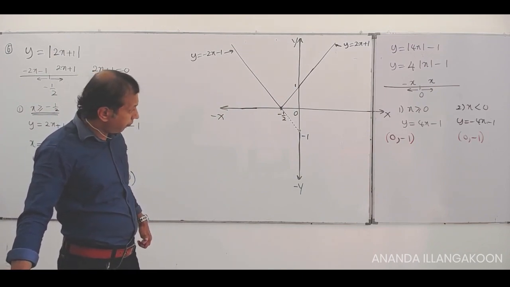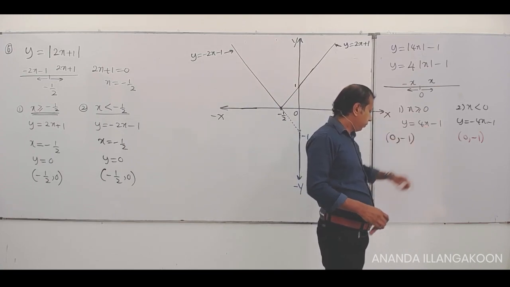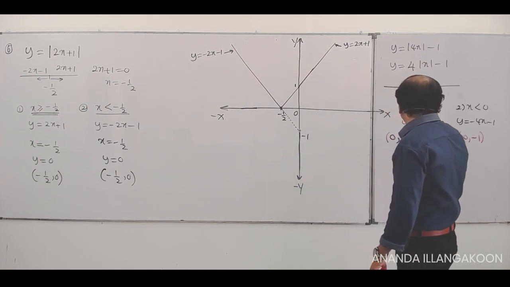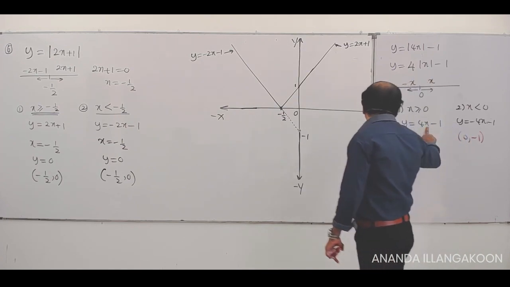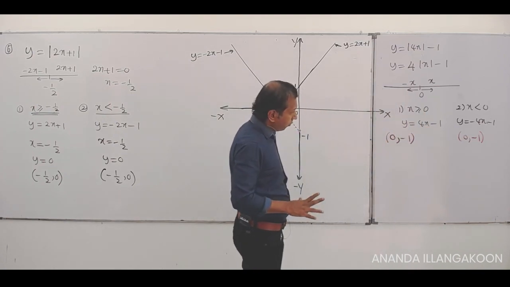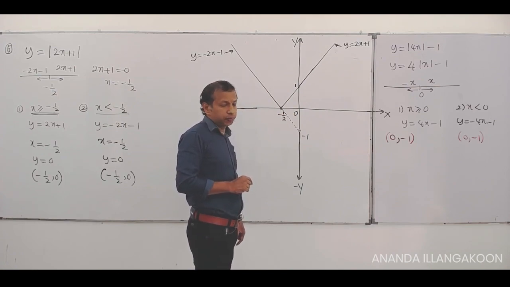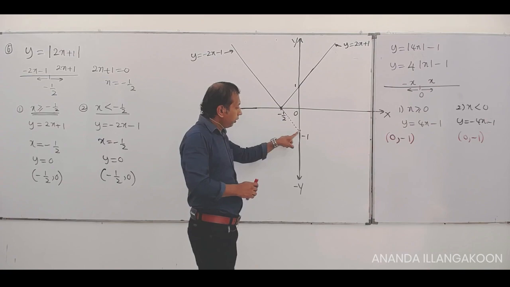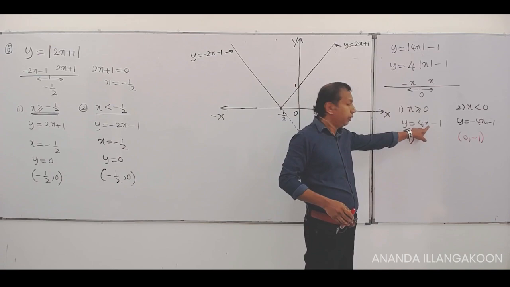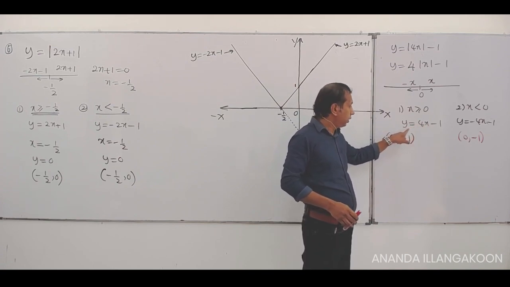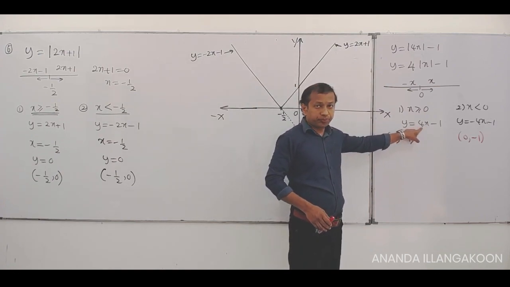You can draw this one. I can put values for x, for instance, but you can think of an easier way to get the line like this. The line should start from here and be drawn to the right hand side. Here its gradient is 4. This line we must draw on the right hand side of the y axis. Here gradient is 4.